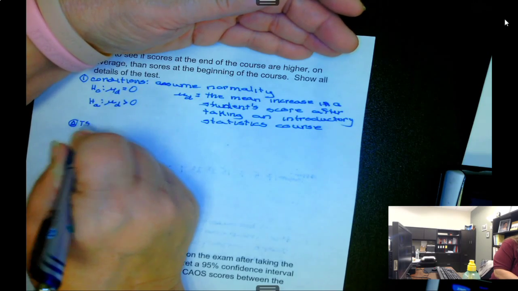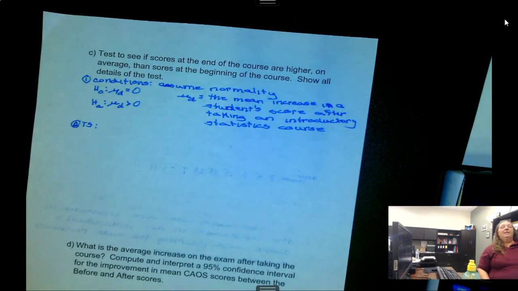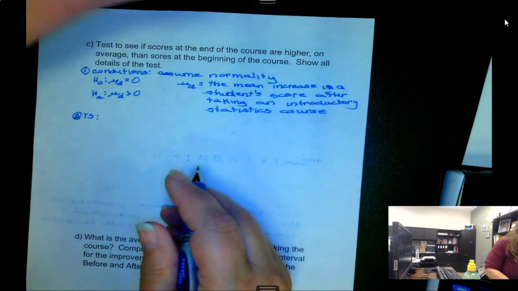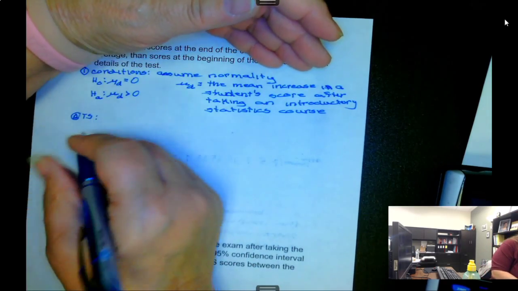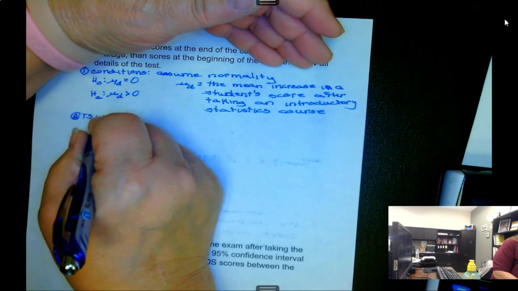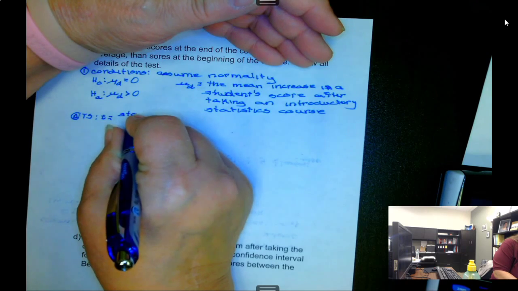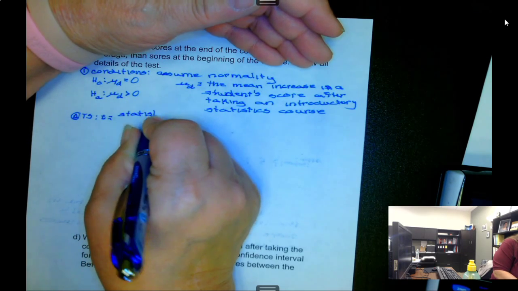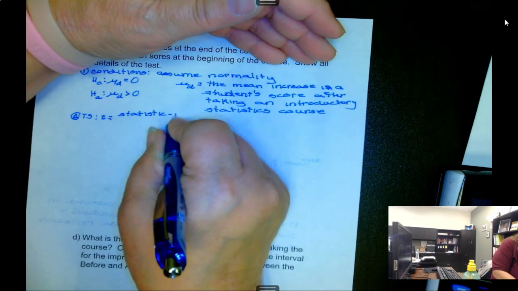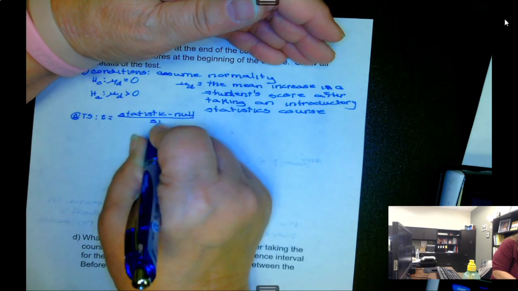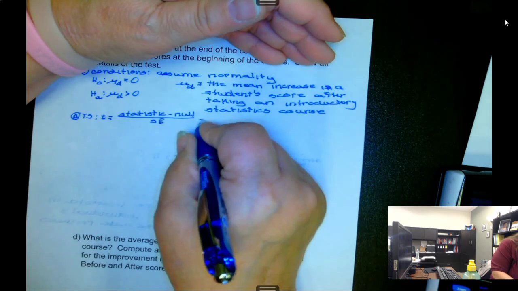So our test statistic, what's nice about doing this is once we find the differences, we then only have one set of data with which we're working. So we do it as if we only have the one set of data. So t is statistic minus null over standard error.